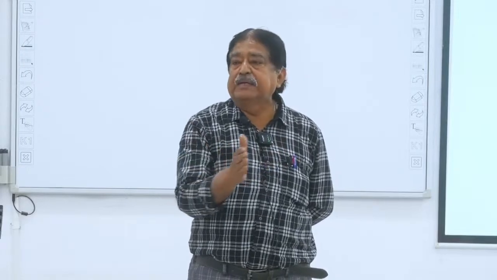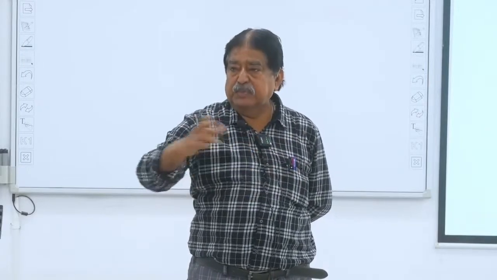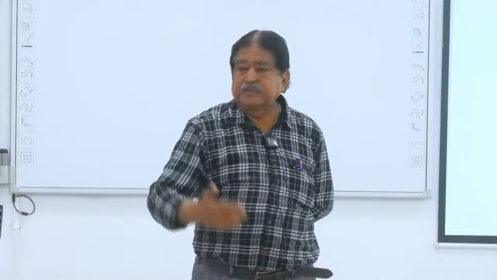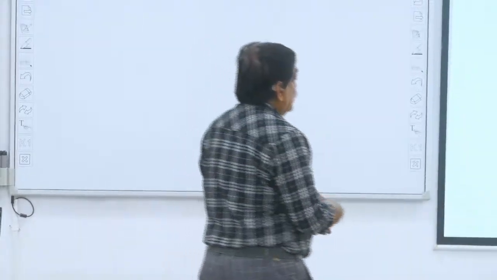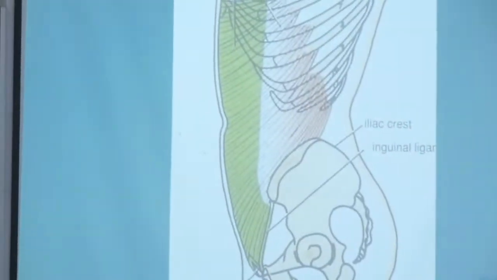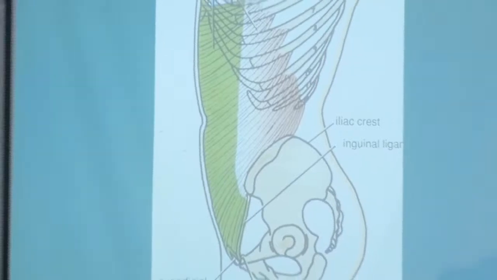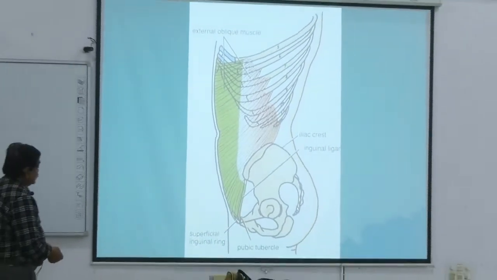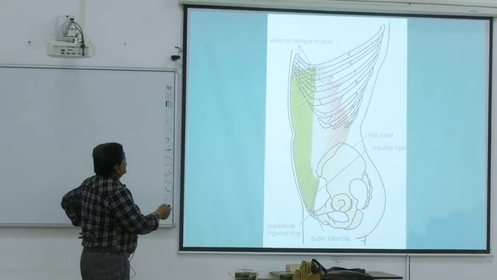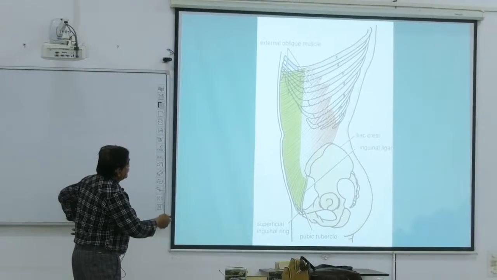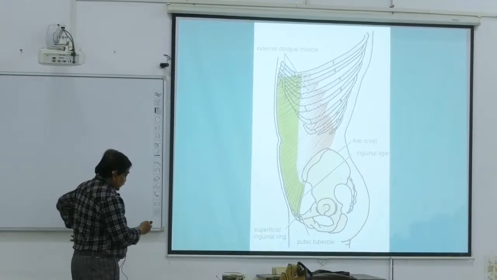Then you go on narrating the attachment of these muscles on the iliac crest. Here are the pubic tubercle and superficial inguinal ring. Now this muscle, this is the iliac crest. Okay.